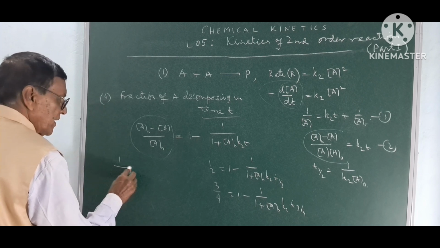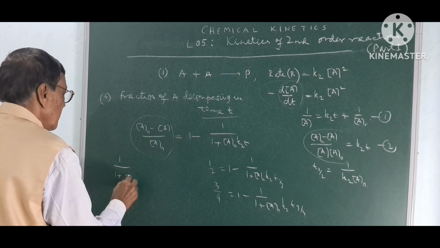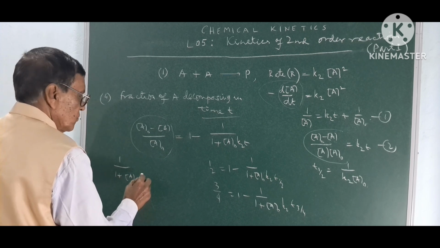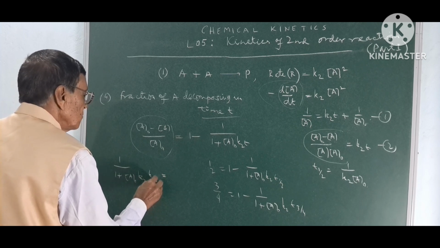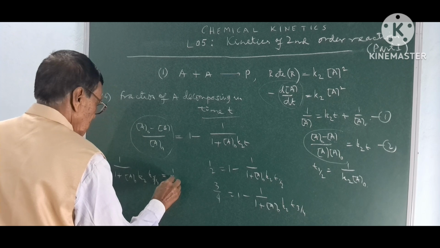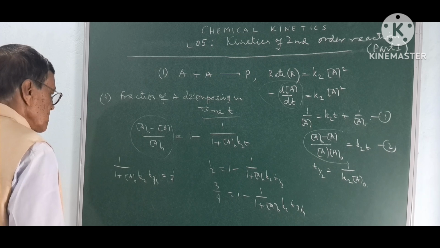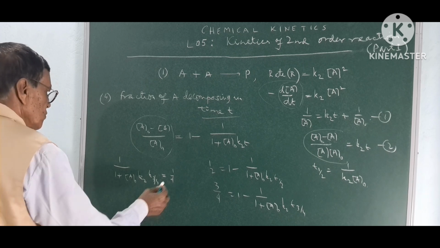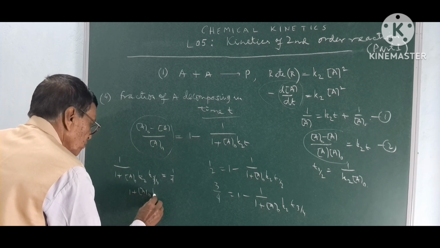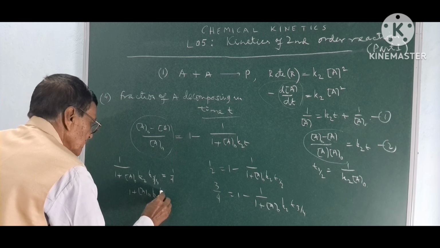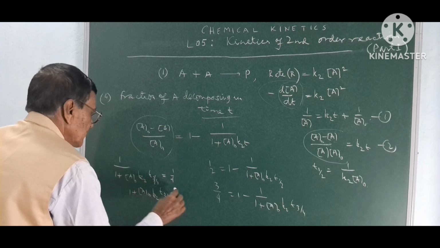Then 1 by 1 plus A naught into K2 into T 3/4 equal to 1/4. So 1 plus A naught K2 T 3/4 equal to 4.